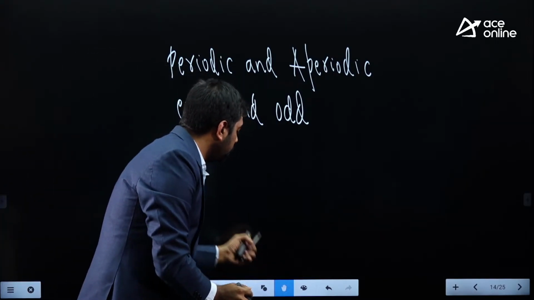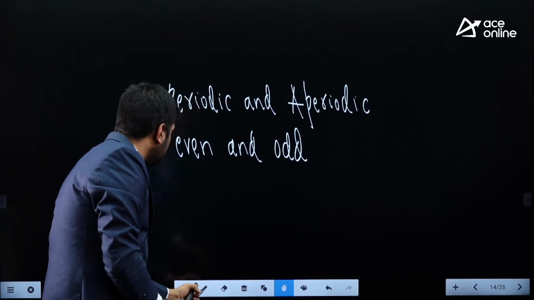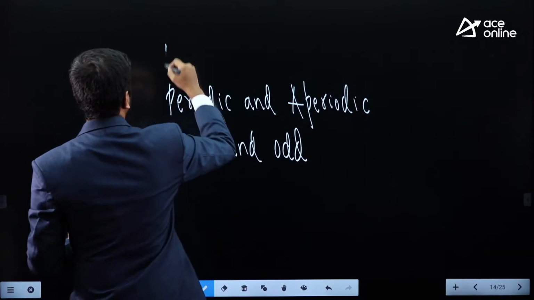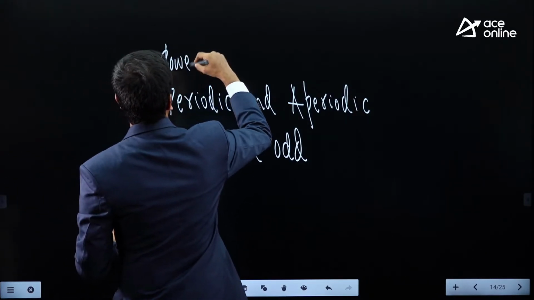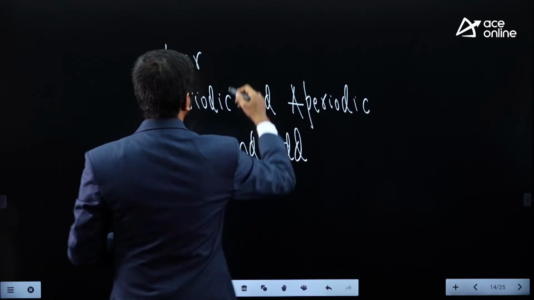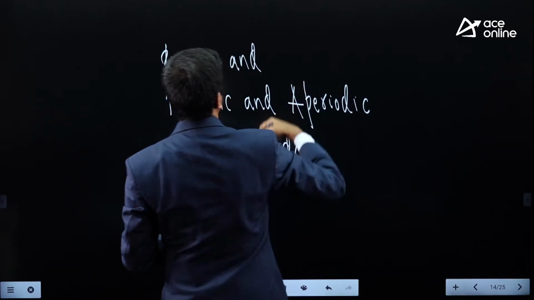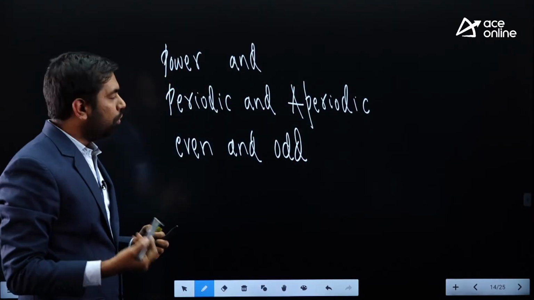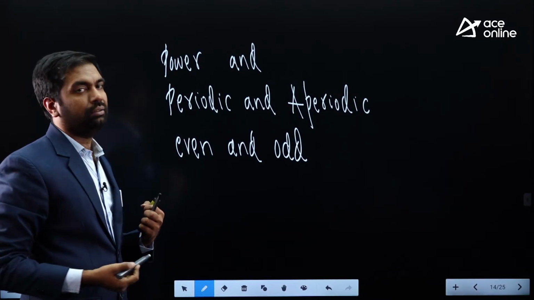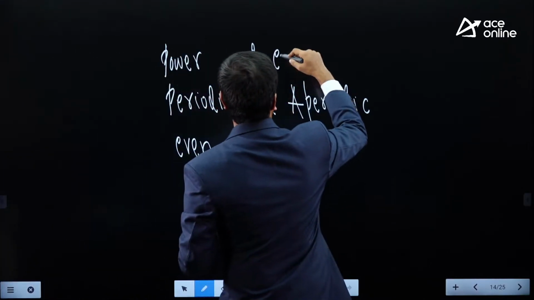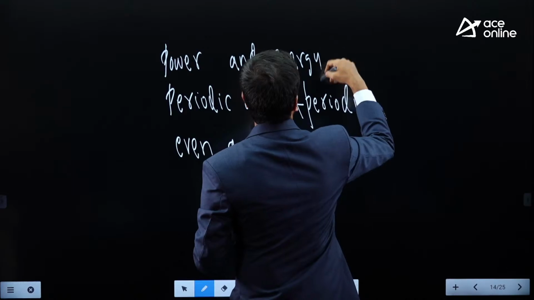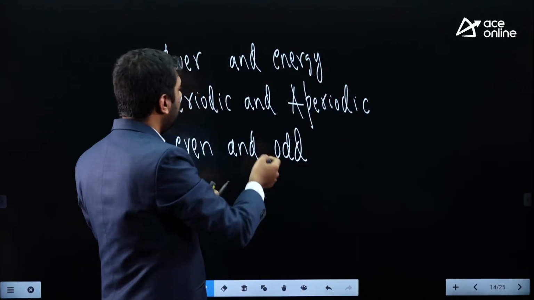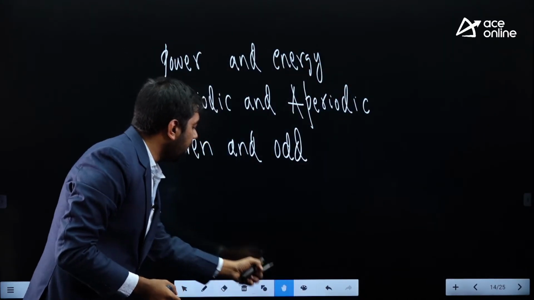And the most important one is the energy and power signals. So let's write it here. This is the most important one. Energy and power calculations. So how do you find energy of a signal? How do you find power of a signal? They are classified as energy and power signals, periodic and aperiodic, even and odd.